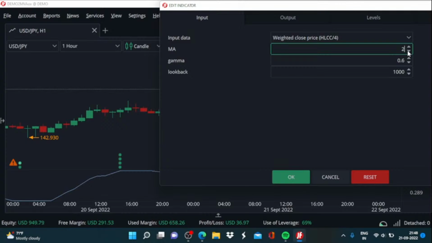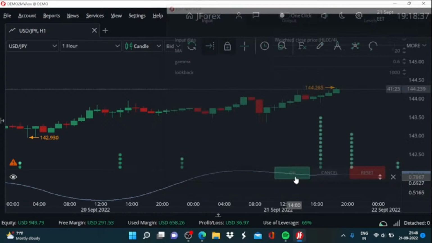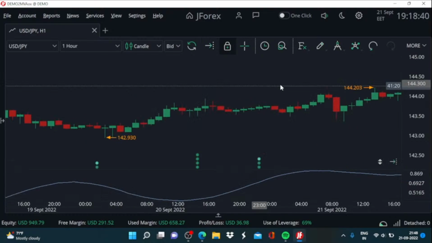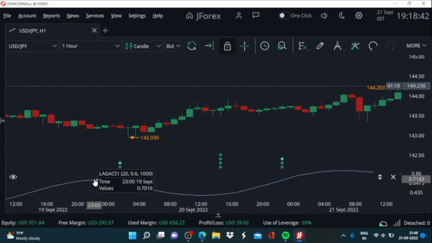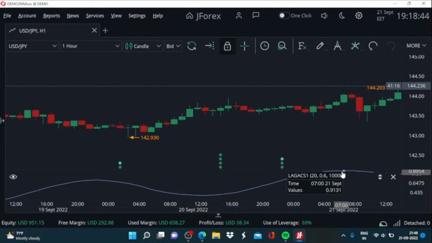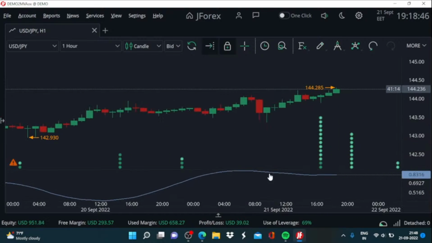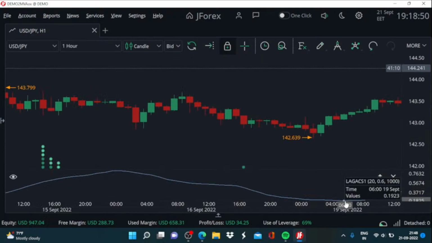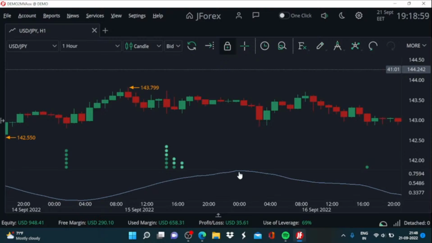But if you want to increase the smoothing, then you can increase the moving average. So here we have the lag ACS indicator plotted using 20 as the moving average, and as a result there's a lot more smoothing, and its values are not fluctuating that much. The extremes are reached, but quite rarely.